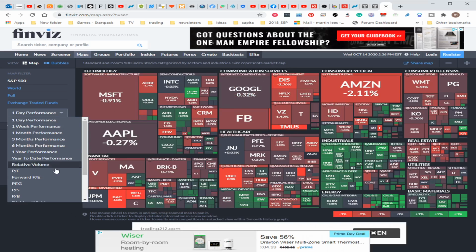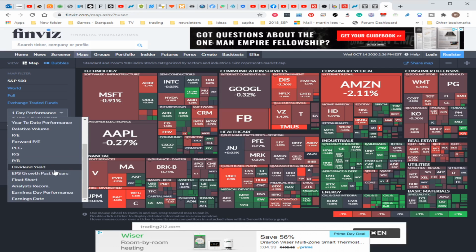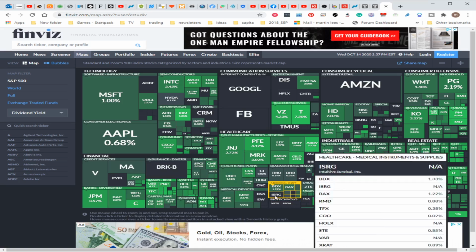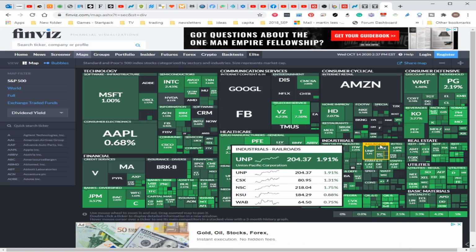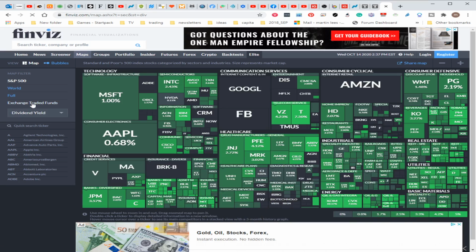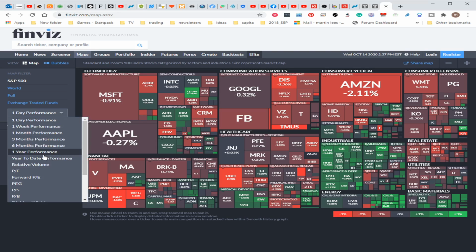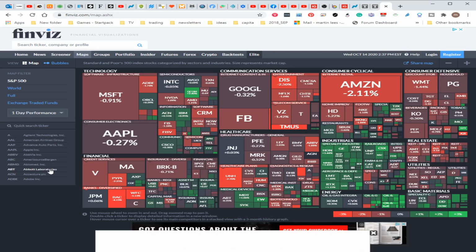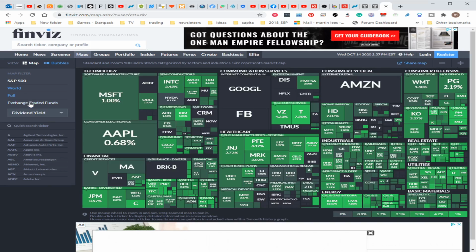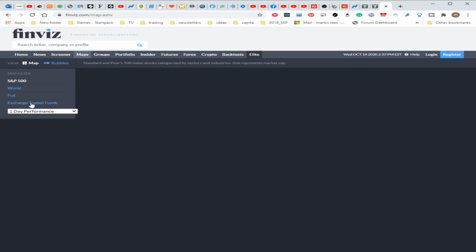Microsoft is shown here, but you can actually have other things like your dividend yield. So you may be looking at some particular company which will give you the best dividend yield. Let's go to exchange traded funds and then go to dividend yield, and then exchange traded fund.